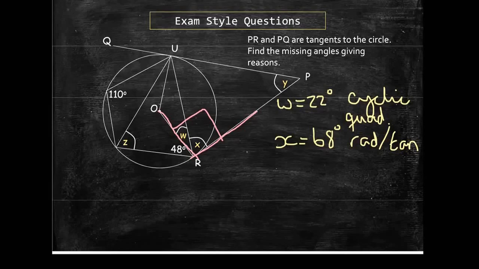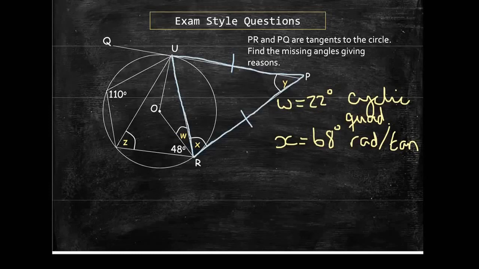Okay, let's have a look for y now. Again, let's get rid of this and keep it nice and clear. Remembering that we also now know w and x, it might be useful for us. One of our circle theorems stated that two tangents to the circle meeting at a point have lengths that are the same. These two are the same. I've got an isosceles triangle. Here it is. Just going to colour it in blue so we can see it.